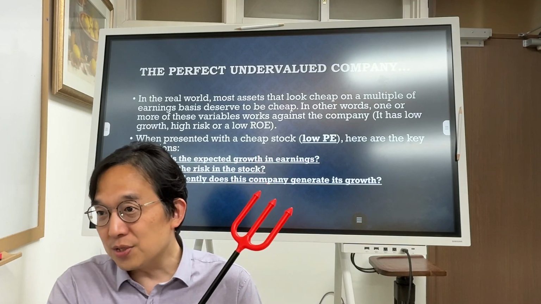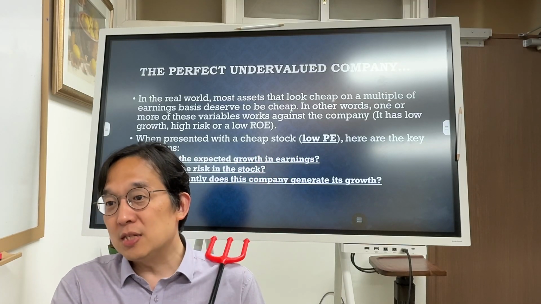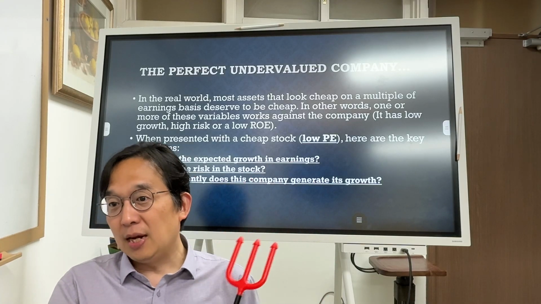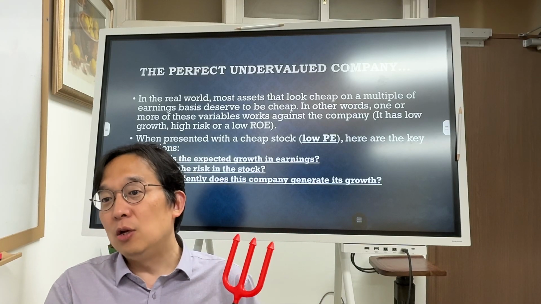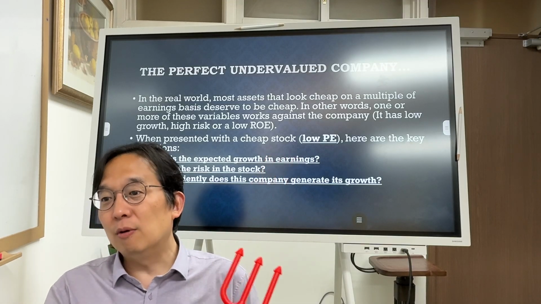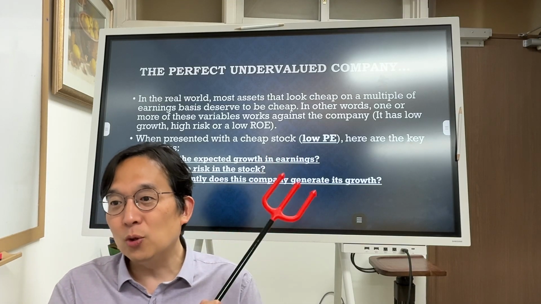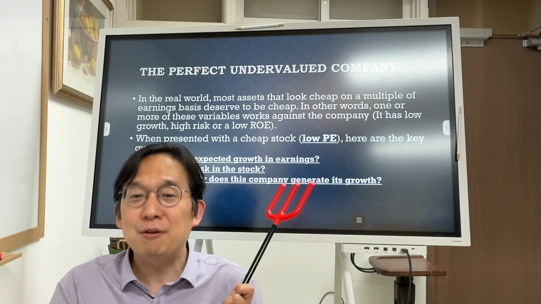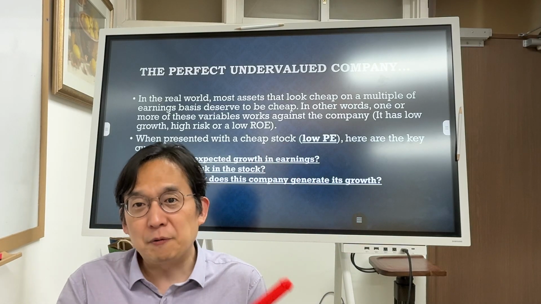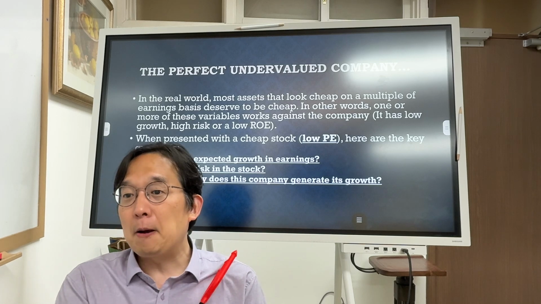In other words, one or more of these fundamental variables work against the company. It can have low growth prospects, or it's too risky, or the ROE is too small, and things like that. There must be some bad reason why the multiple is low in the first place, okay?